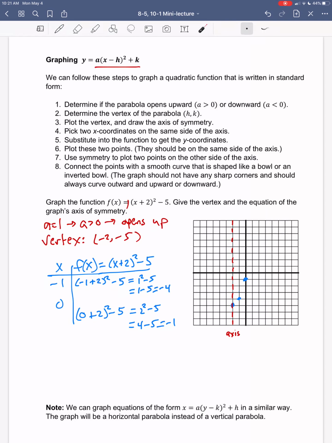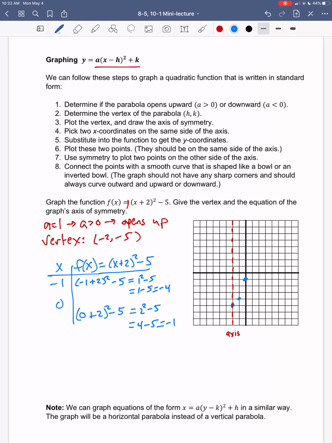So I've found the vertex, I plotted the vertex, I drew the axis of symmetry, I picked two x coordinates, I substituted into the function, and I've plotted those 2 points, and they are on the same side of the axis, the right side. Now use symmetry to get 2 points on the other side. This point is 1 to the right of the axis. This point is 2 to the right.